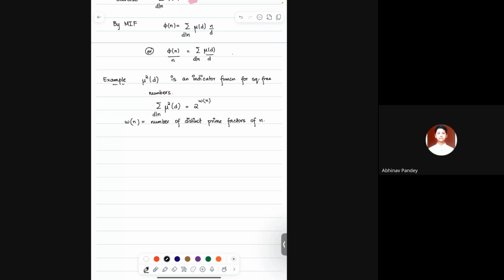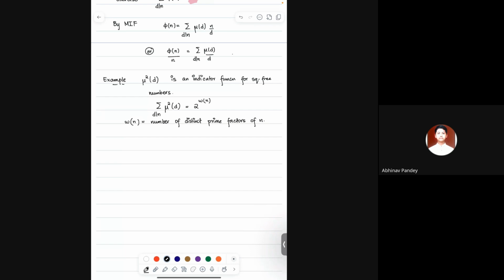There are two distinct prime factors, 2 and 5. But if you have, let's say 20, then you have 2 squared times 5, but the number of distinct prime factors is still 2, right? 2 and 5. Sure, one prime factor is appearing more times, but that's not relevant.